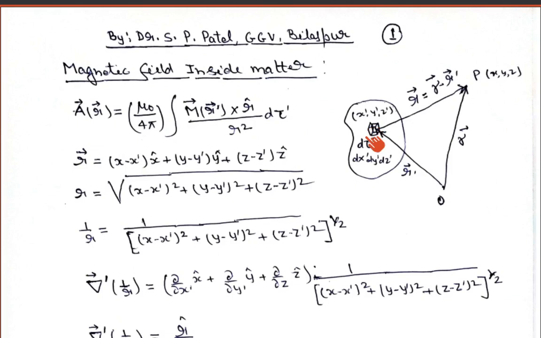So let us assume an infinitesimal volume inside the material. If we write down the magnetic vector potential for this quantity and integrate, that will give the magnetic vector potential for the whole object. That is how we do it, and then we found that it can be written in terms of bound current and surface current density. So again we are doing the same thing.